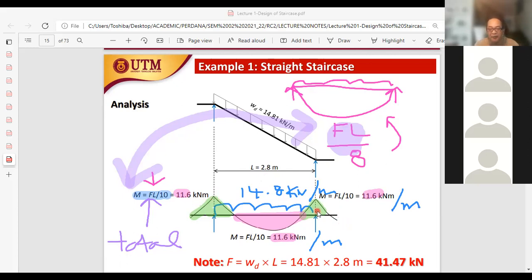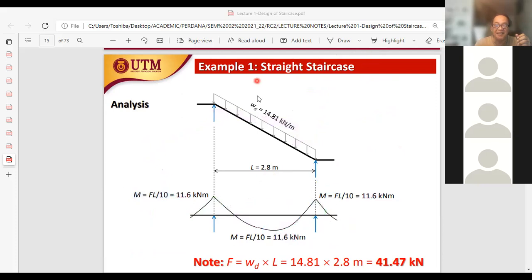Sekarang ni is now when we actually have the values, right? And selepas pada ni is to design the reinforcements. Once we have this value, we need top reinforcement pada penyokong, right? And we need bottom reinforcement pada span.